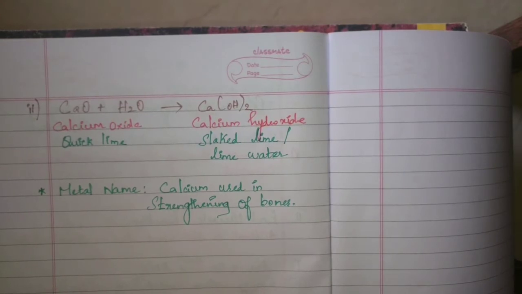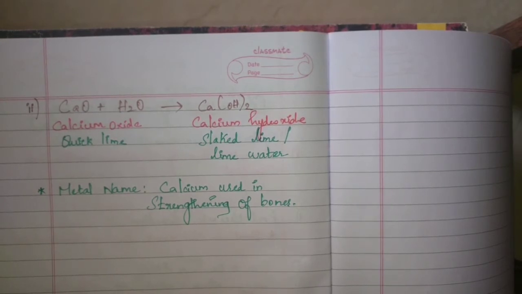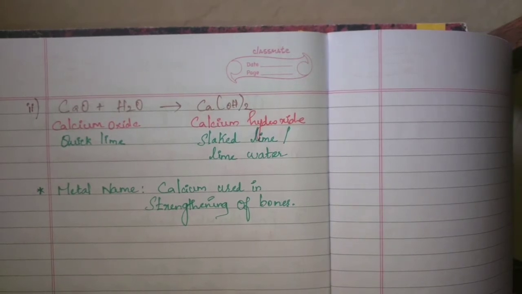So the metal which is used in strengthening of bones in our body, that metal oxide reacts with water, gives compound C. So see, the word equation: the metal is calcium, we know that, right?